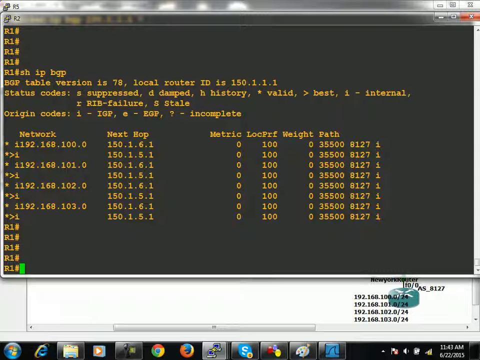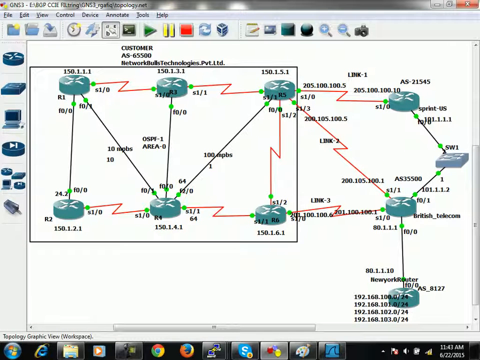So previously we learned how to manipulate path selection using weight. And one more thing, with weight you can modify only and only outgoing traffic path selection. Because prefixes were incoming, traffic will always be outgoing. That's why I said that with weight you can manipulate only and only outgoing traffic path selection.